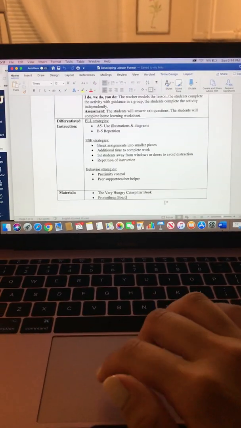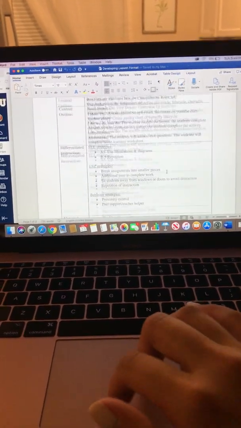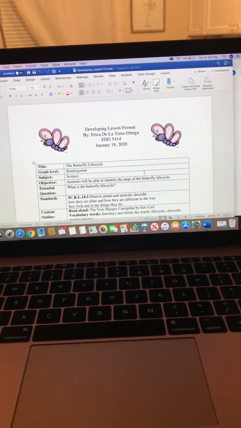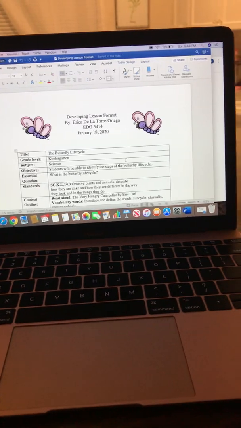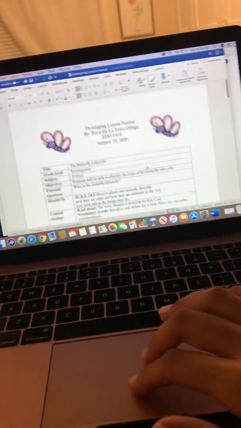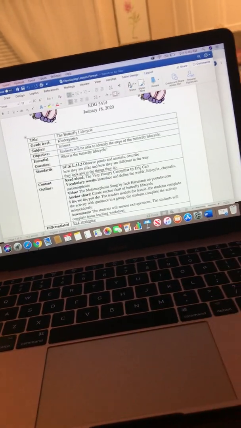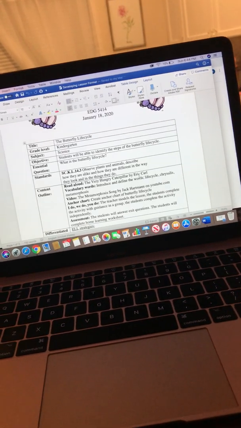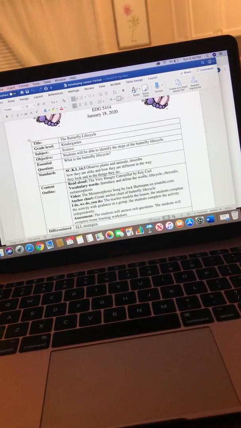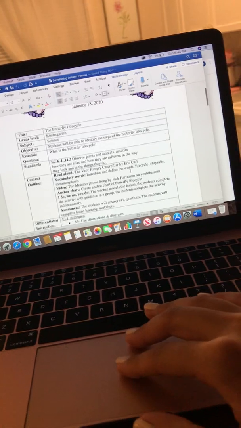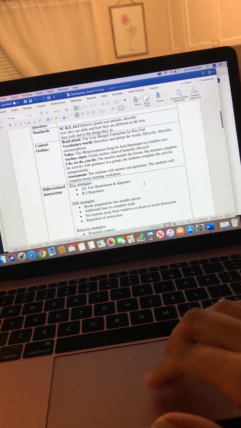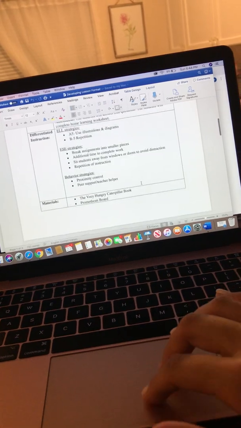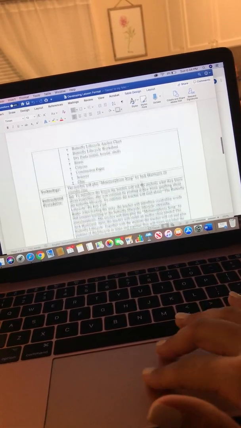Another thing that our professor wanted us to go over was the format of our lesson, which I explained to you that we would be learning about the butterfly life cycle. Now this lesson can be done in one day if you were presenting in front of your professor or videotaping for your professor. However, in a real life classroom, I would probably spread this activity and this standard throughout the week.